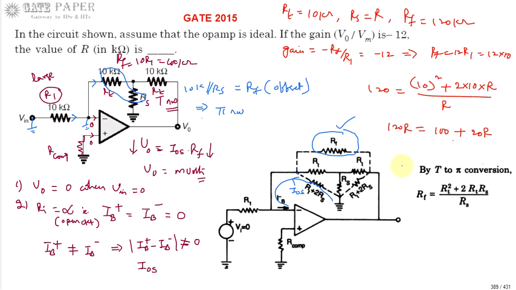Taking 20R to the left side, 120R minus 20R, that is 100R is equal to 100, and the R value is 1 kilo ohm. All are in kilo ohms only. So the value of R to get minus 12 as voltage gain is 1 kilo ohm. So the right answer for this question is 1. Thank you.